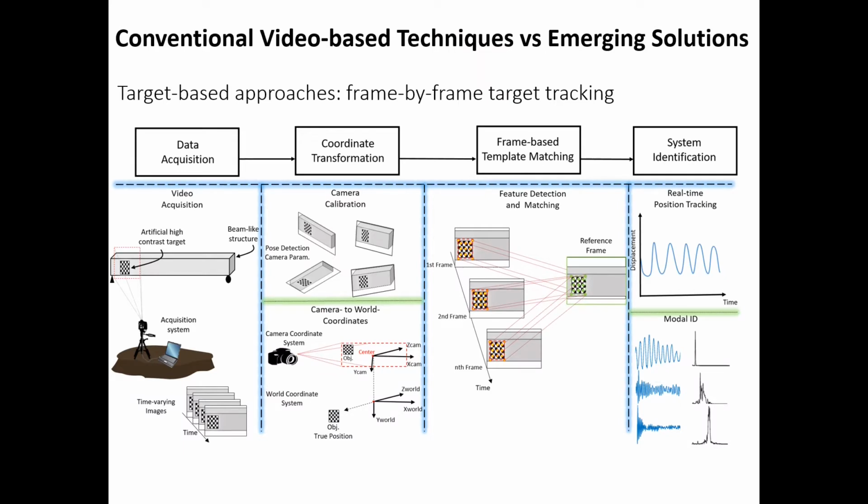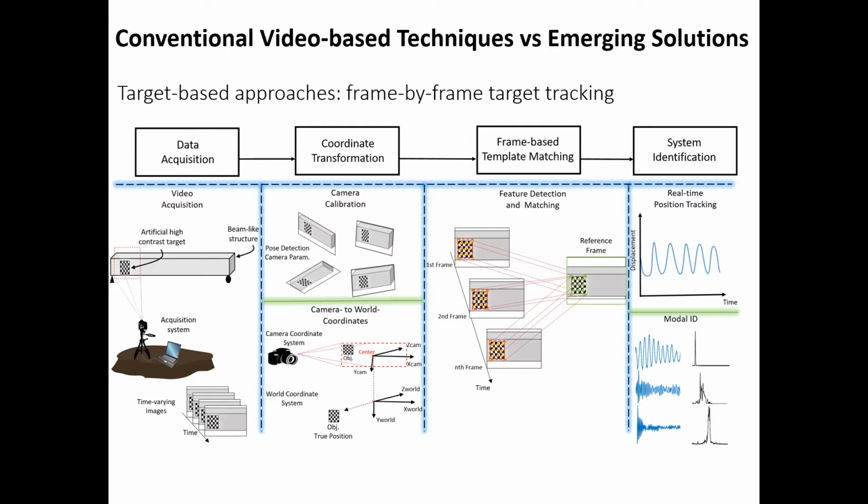Before going into the details of our video-based technique, we need to first define the differences between conventional video-based techniques for dynamic analysis and other imaging solutions in the same field. So usually, video-based techniques for SHM are based on a frame-by-frame target tracking, which usually makes use of artificial high-contrast targets.